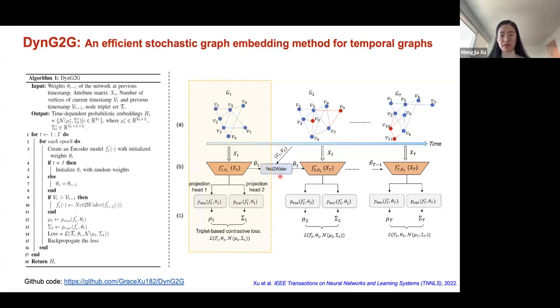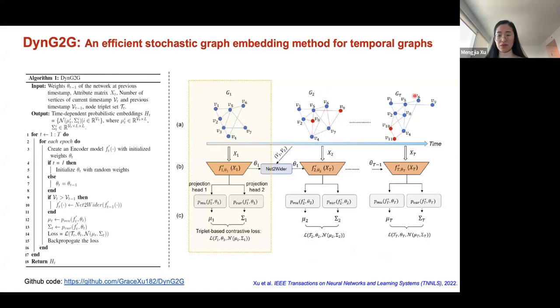Then to learn the second step graph embeddings, we use a transfer learning approach. Based on the parameters learned from the first graph snapshot, we start from the pre-trained parameters and train on the second graph snapshot to learn the graph embedding in the second snapshot.